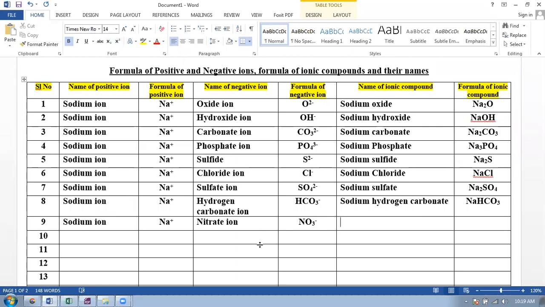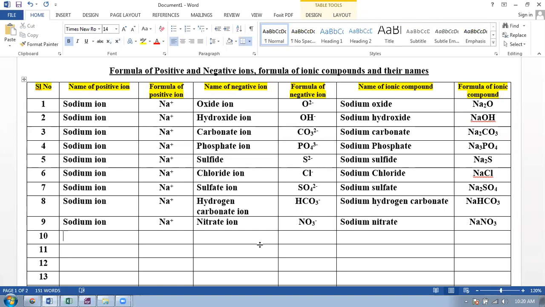So it would be sodium nitrate, and it is NaNO3. Now you know how it is NaNO3.